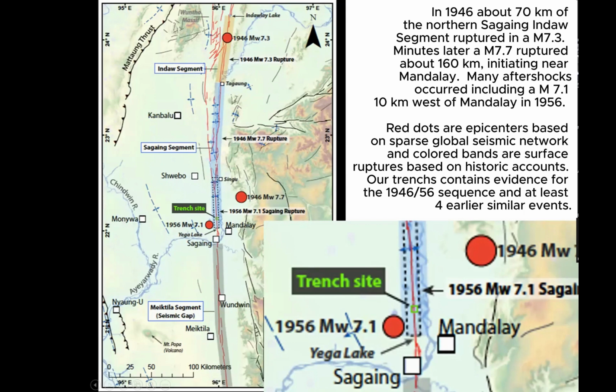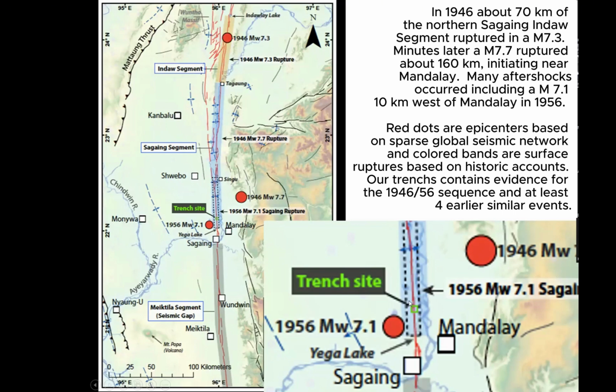Minutes later, a 7.7, the epicenter was plotted here. Remember, the global network wasn't great. And based on historic records, the blue ruptured in a magnitude 7.7. Many, many aftershocks for years, including a magnitude 7.1 that occurred in 1956. And people think that that was here.